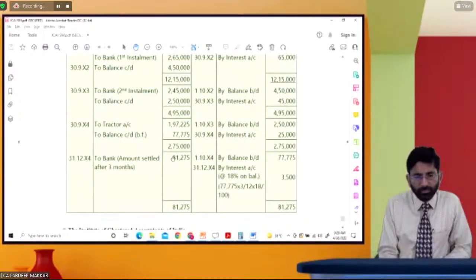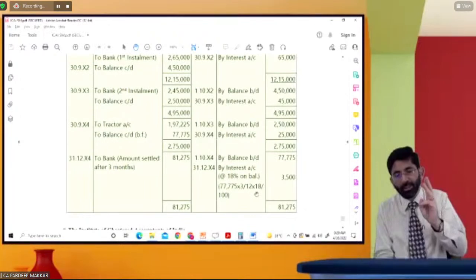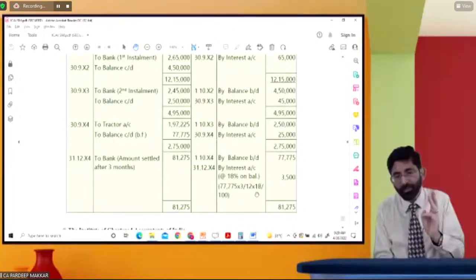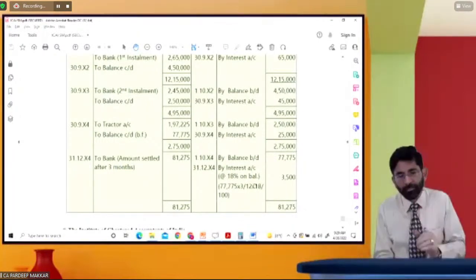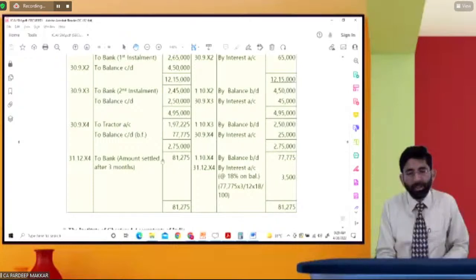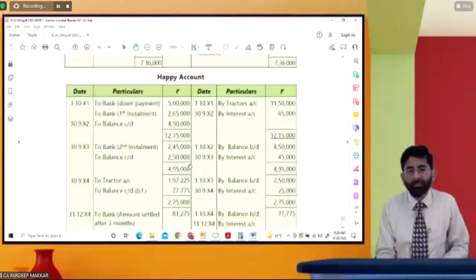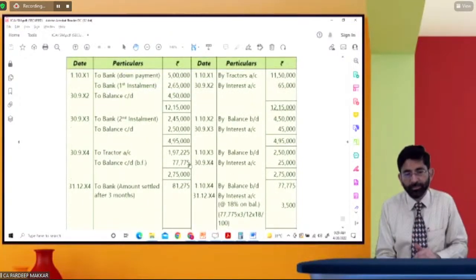In the fourth year, after 30th of September, by balance brought down whatever is the balance, we have to charge interest at the rate of 18% for 3 months. So this 3 months interest will be added to it. Whatever is left will be paid off to the bank. Happy account debit to bank. That will be the entry passed in the fourth year, in the next year. So this is the way you will do it.